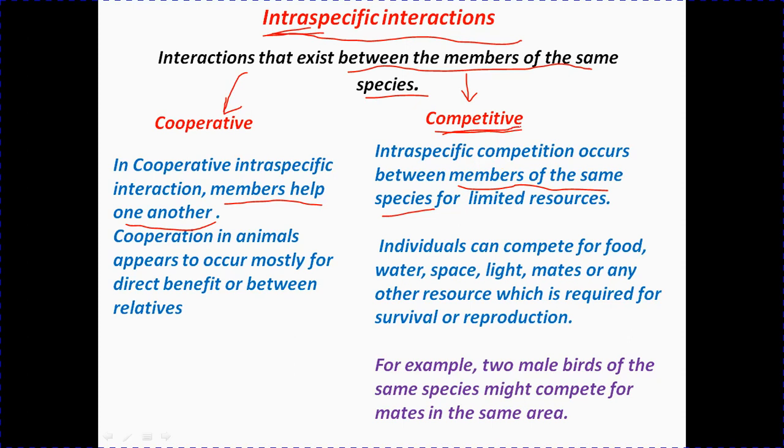We have already studied that in our previous lecture. Competition can exist when resources are limited. Individuals compete for food, water, space, light, or for finding mates or any other resources that are required for their survival or reproduction.